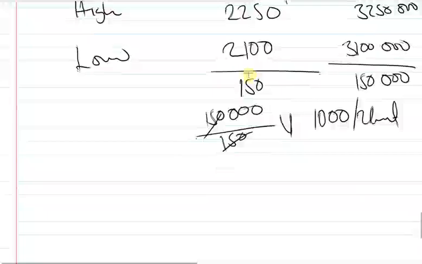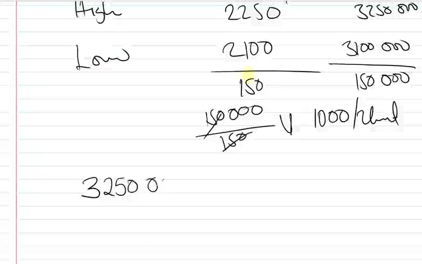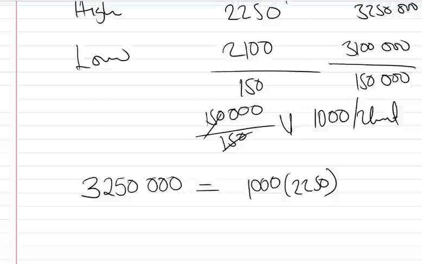So let us look at the fixed cost. We use the same formula. This time around, I'll use the high. The total cost is 3,250,000. The variable cost per unit is 1,000. The activity level is 2,250 plus fixed cost.